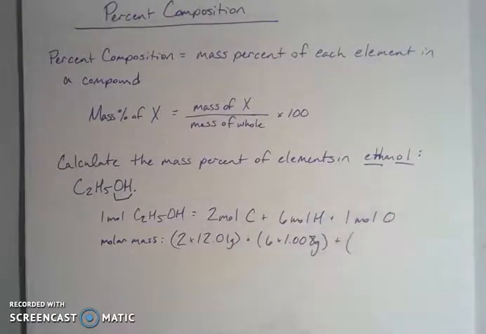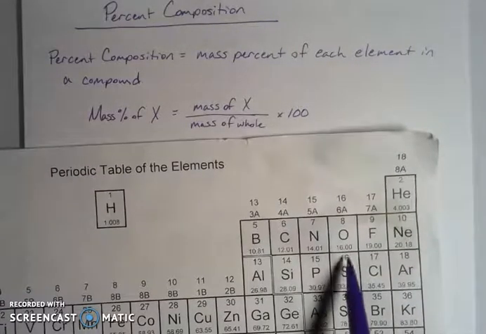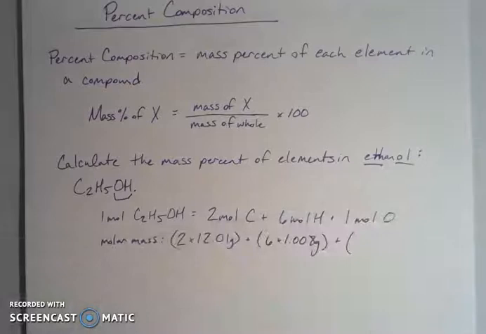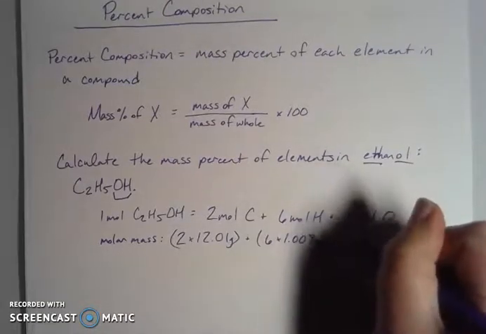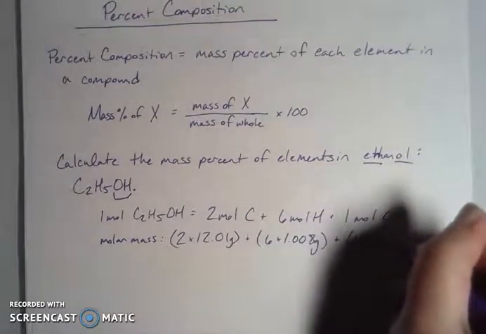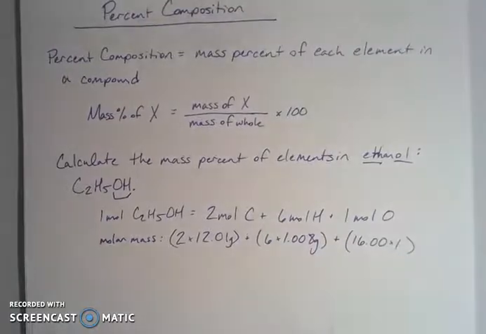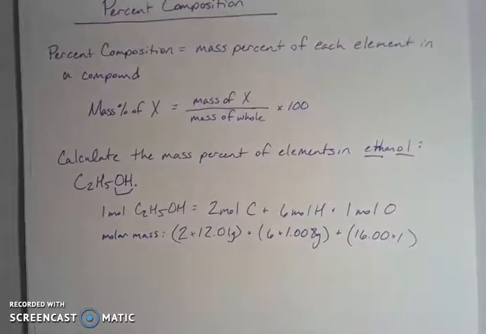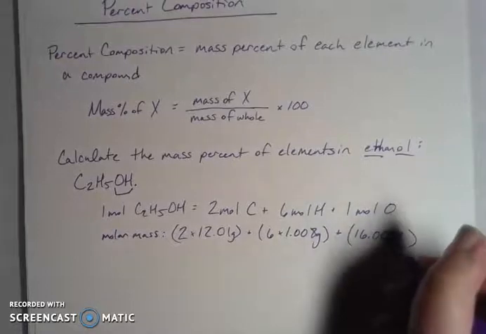And then I'm going to add to it my 1 mole of oxygen. So I'm going to the periodic table, my molar mass, the mass in grams of 1 mole of oxygen is going to be this many grams.